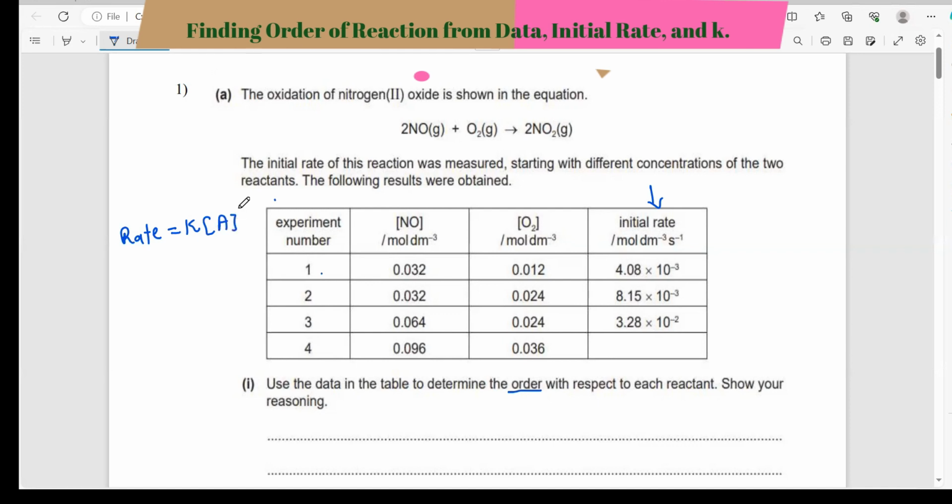For example, you have your rate equation here, which equals your rate constant multiplied by the concentration of a reactant, say A, raised to the power x. Now, this x is known as your order. That's your order: the power to which the concentration of a particular reactant is raised in your rate equation.